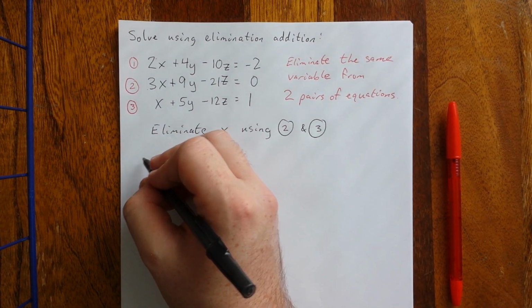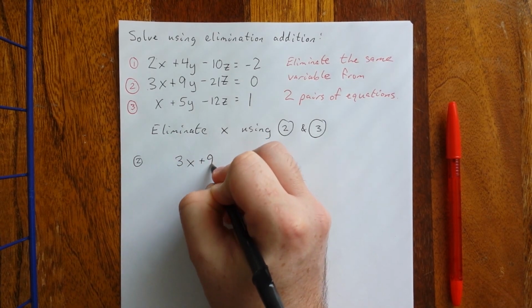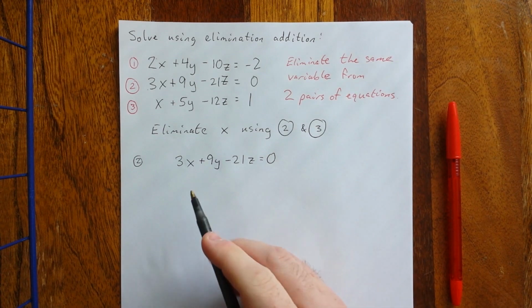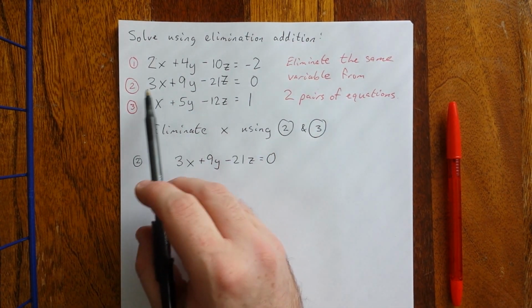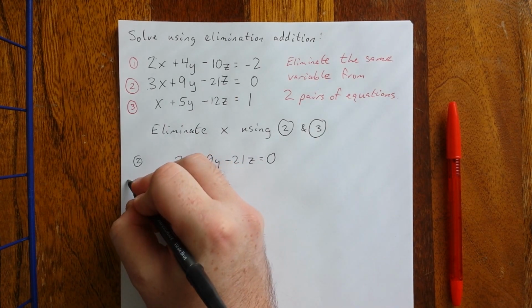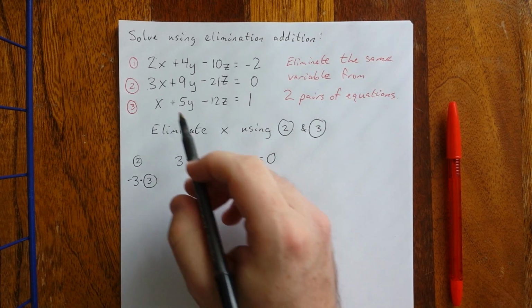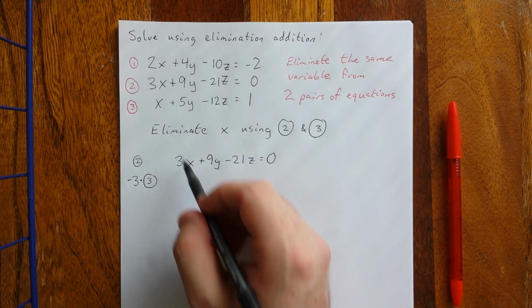So recopying those down, equation 2 says 3x minus 9y minus 21z is equal to 0. Now the thing that I notice about this is they will not eliminate if I simply add these two equations together. What I'm going to do is multiply equation 3 by -3. The reason being I want to get the coefficients of x to be equal and opposite.